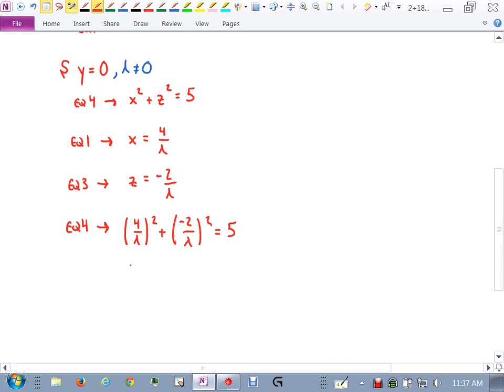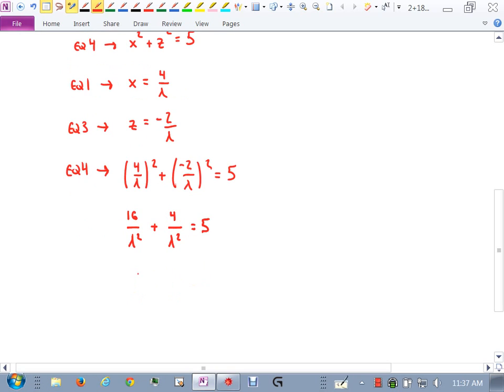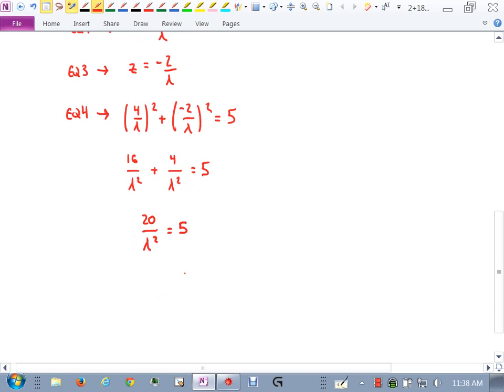So square everything here: 16 over lambda squared plus 4 over lambda squared equals 5. Combine these together: 20 over lambda squared equals 5. And then solve for lambda. So lambda would be plus or minus 2. Just move things around, divide through.